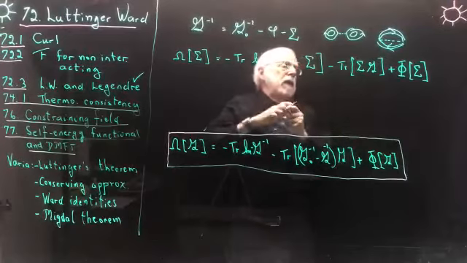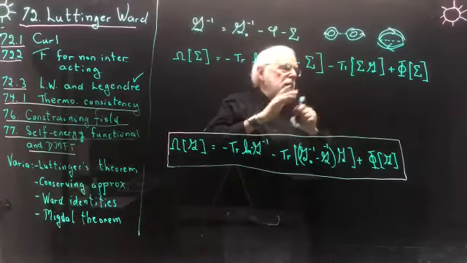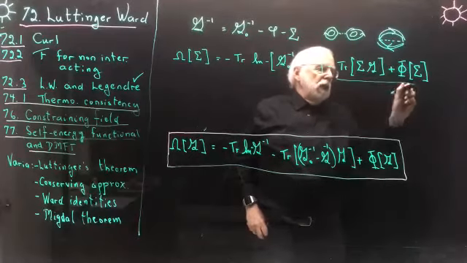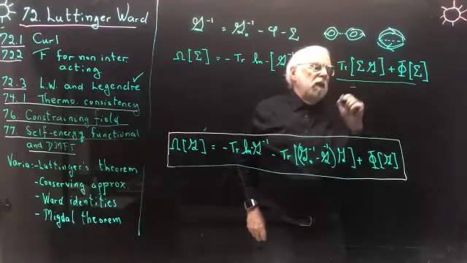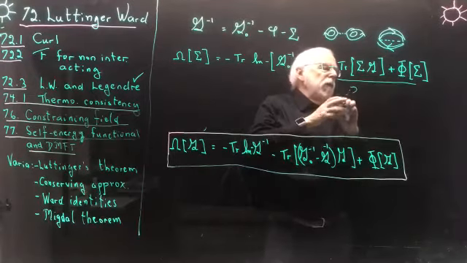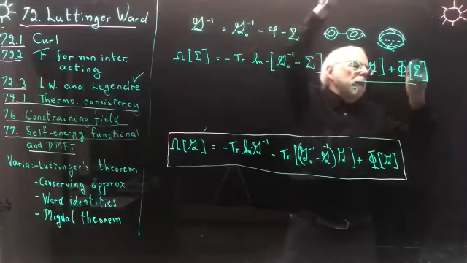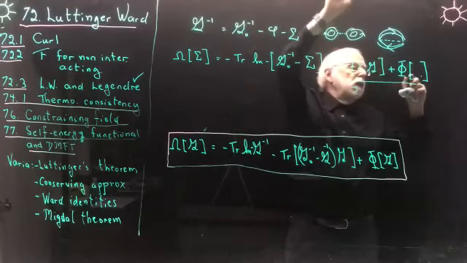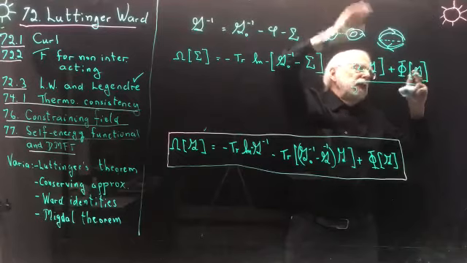So if I define this as a functional, this was a functional of G. I'm sorry, this was a functional of G of sigma.